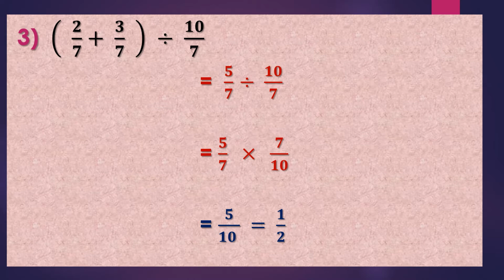As we know, we convert the division operation to a multiplication operation by converting the number after the division sign to its multiplicative inverse, to have 5/7 times 7/10 to get 5/10, which is equal to a half in the simplest form.